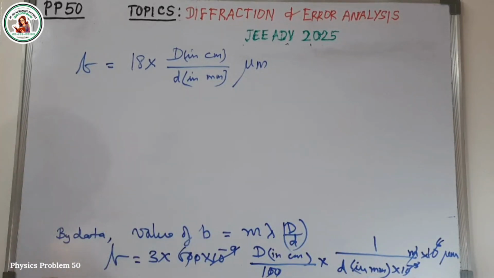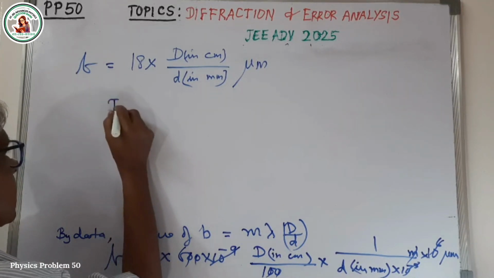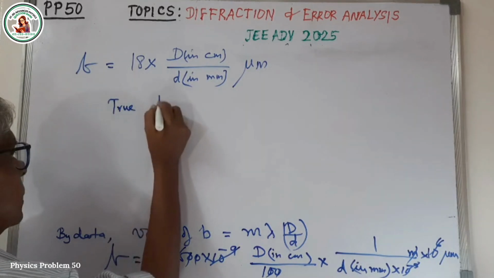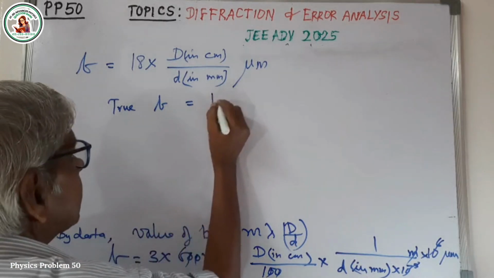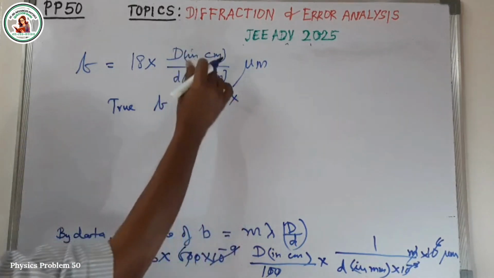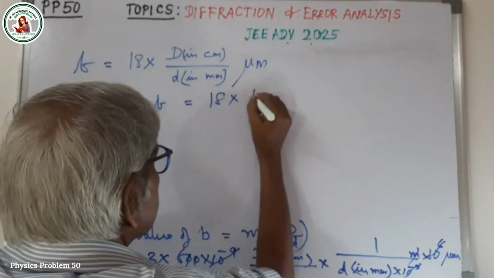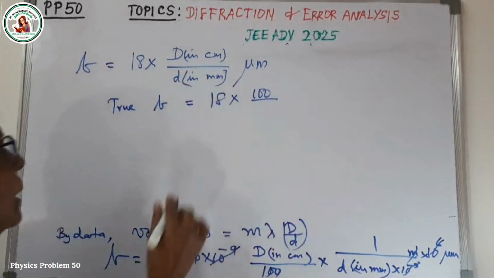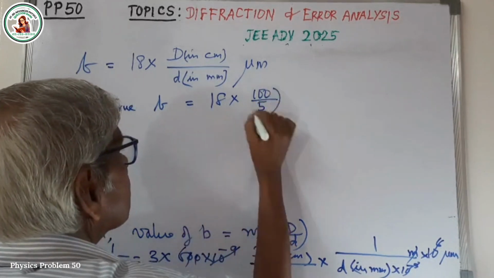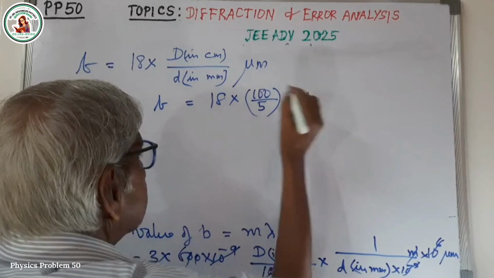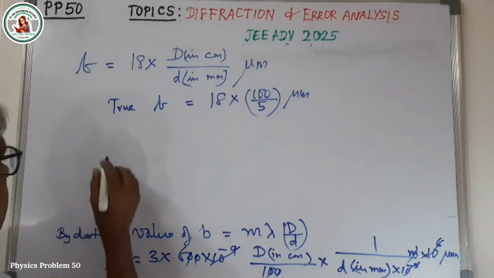So we get the true value for b equal to 18 times capital D, given as 1 meter, so 100 centimeters, upon small d, given as 5 millimeters, so 5. This is the true b. Now we find the errors involved.